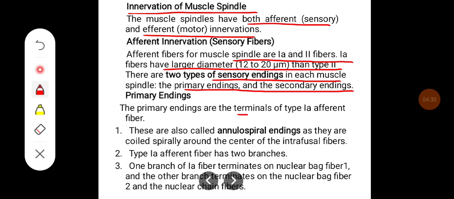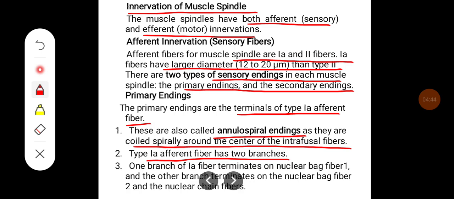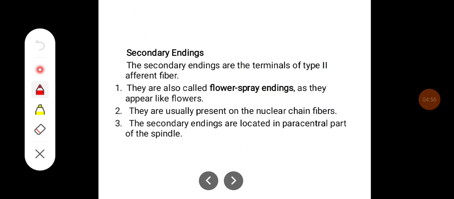Primary endings are the terminals of type 1A afferent fibers. These are also called annulospiral endings as they are coiled spirally around the center of the intrafusal fibers. Type 1A afferent fibers have two branches. One branch of the 1A fiber terminates on the nuclear bag fiber 1 and the other terminates on the nuclear bag fiber 2 and the nuclear chain fibers.